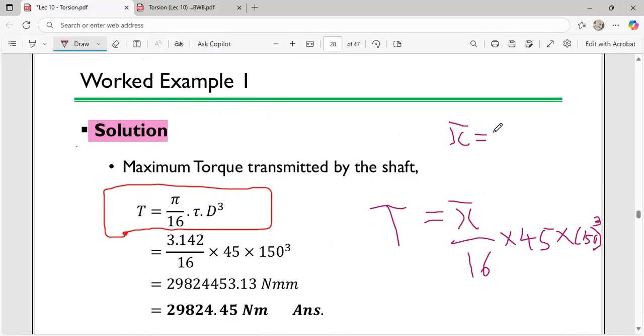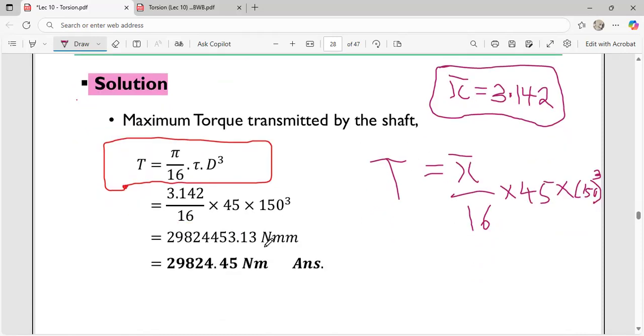You can even choose four decimal places, because for precision, the more decimal places, the more accurate your answer could be. For the meantime, we are using 3.142. You can put this value in as your pi, and at the end of the day you get your answer.